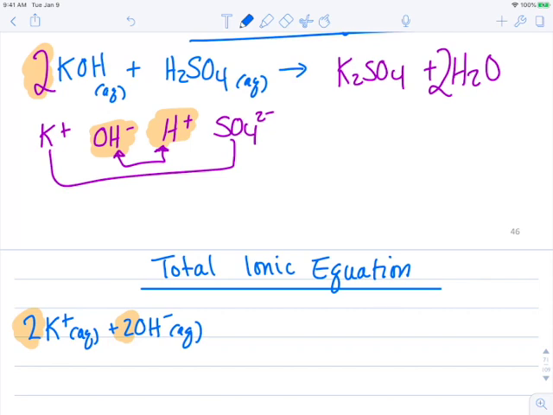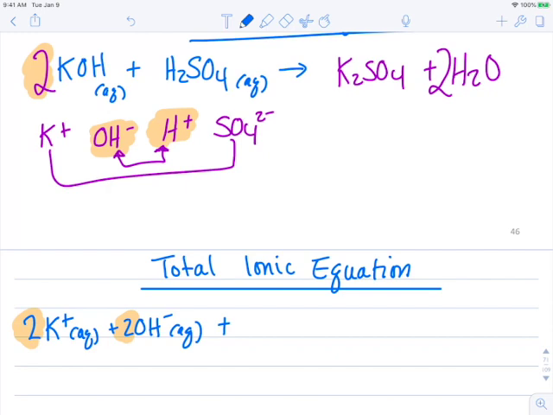All right, so next up, we need to look at our H2SO4. What do we think? Strong electrolyte, weak electrolyte, or non-electrolyte? Anyone want to give it a shot?